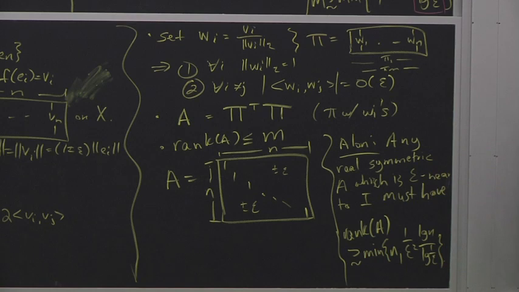Then this thing is equal to the sum, i goes from 1 to m, of pi i transpose pi i. So we've just decomposed it into a sum of m rank 1 matrices, so its rank is at most m.